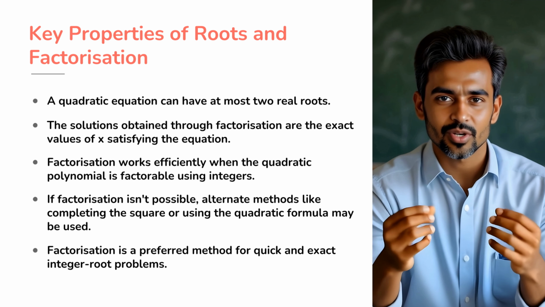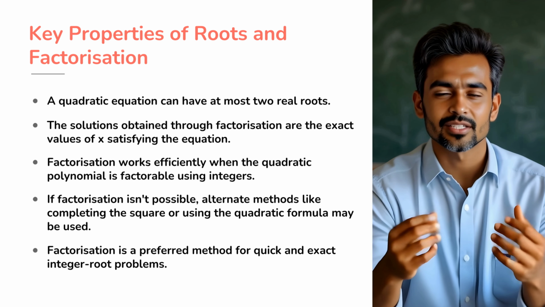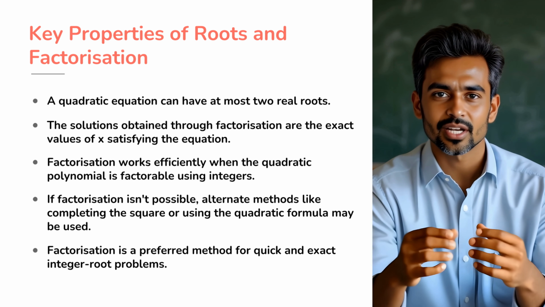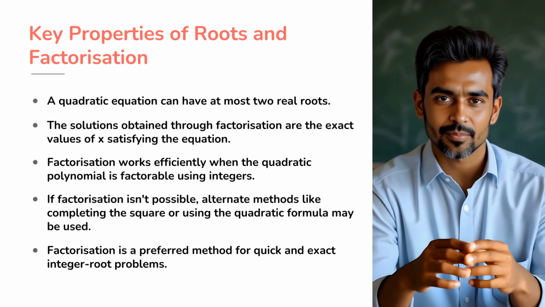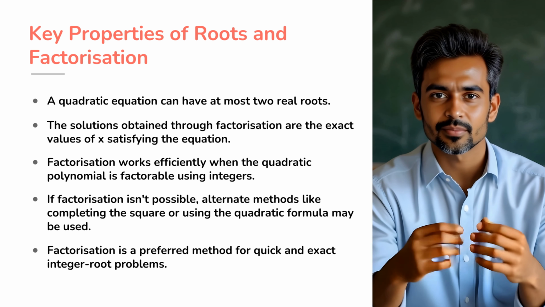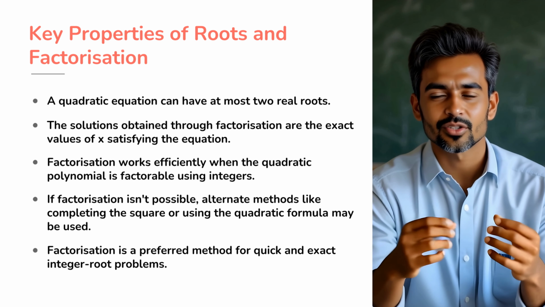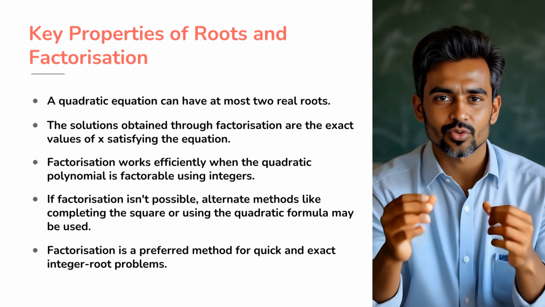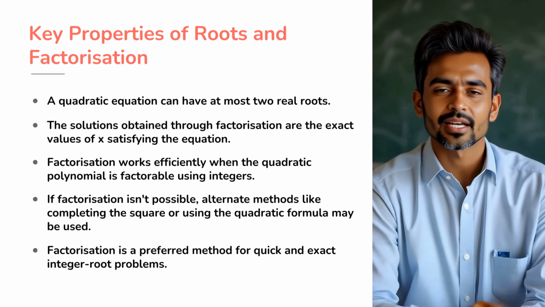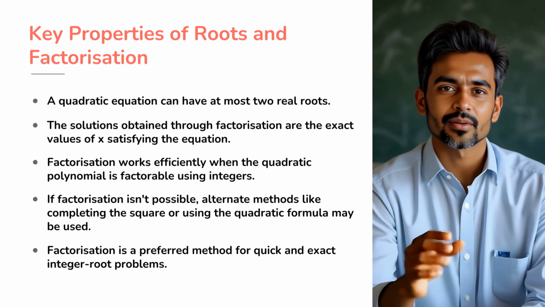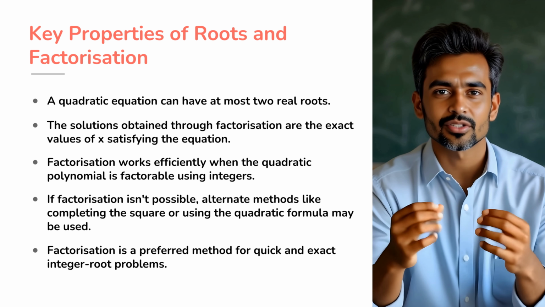A quadratic equation like ax squared plus bx plus c equals 0 can have at most two real roots because it's a degree 2 polynomial. When the equation is factorable, we can directly get these roots using the factorization method. And remember, this method gives exact solutions.